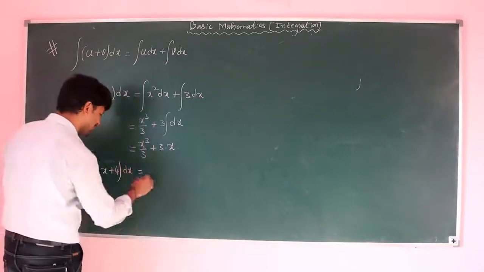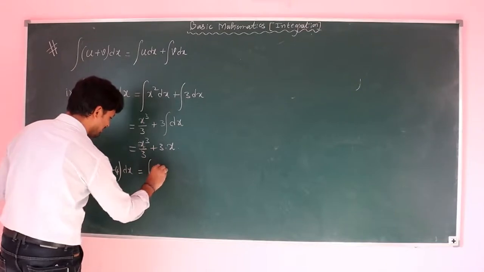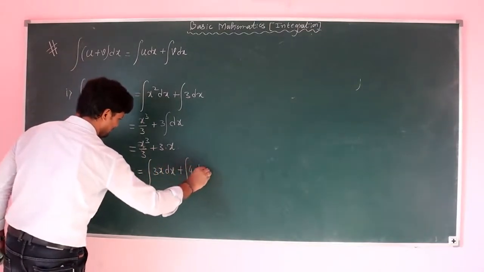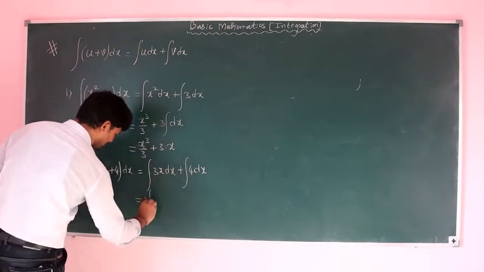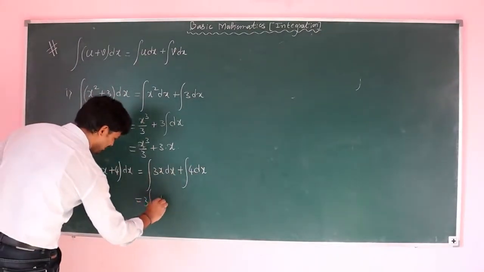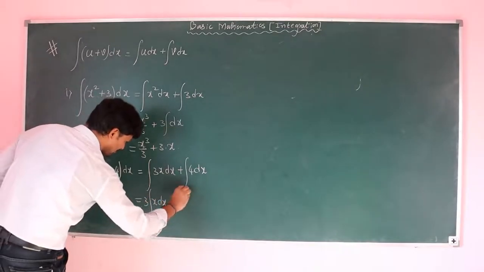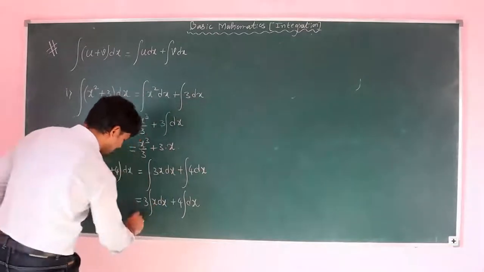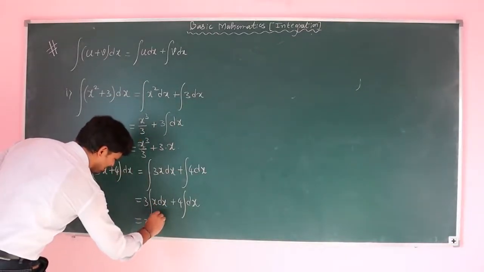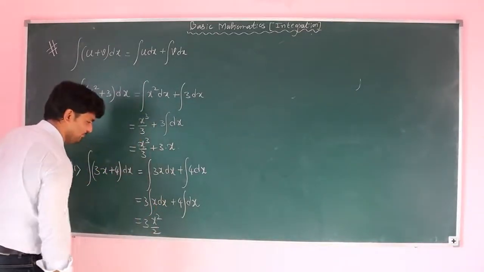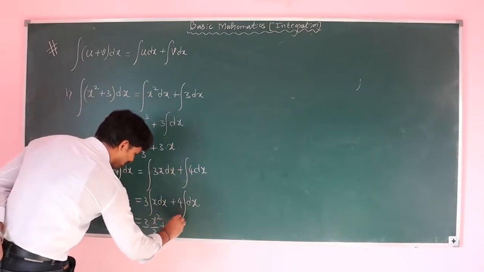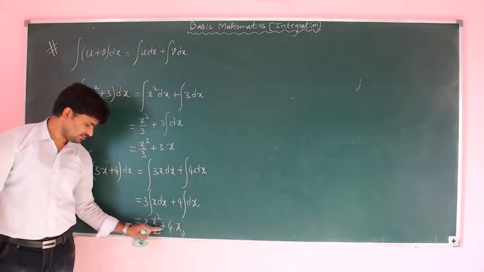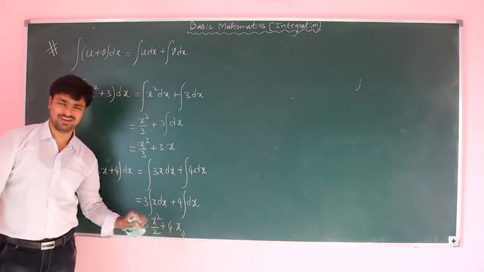So we take integral 3x dx plus integral 4 dx. 3 is constant, then integral x dx, plus 4 is constant, integral dx. Integral x dx gives simply x square by 2, plus 4 into integral dx, which is x. So 3x square by 2 plus 4x.